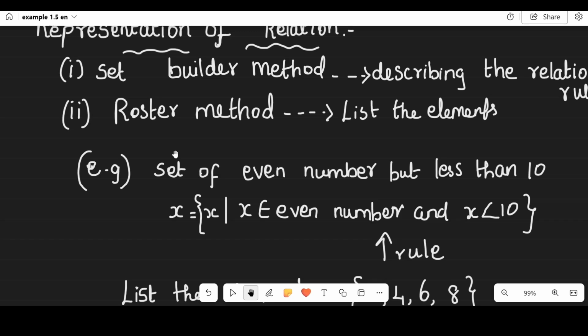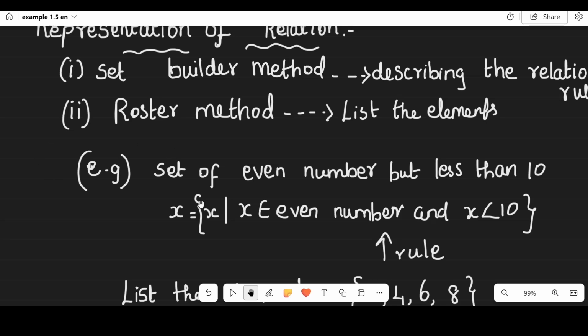Suppose in your hand you have a set of even numbers that is less than 10. Then what could be the elements? 2, 4, 6, 8. How can you describe this set using a particular rule or condition?